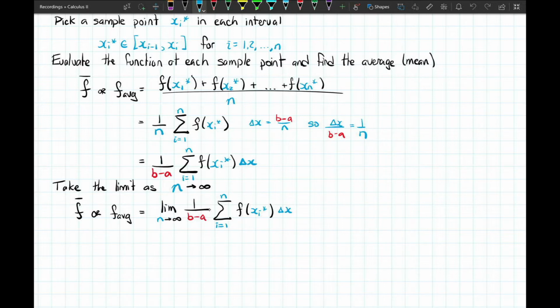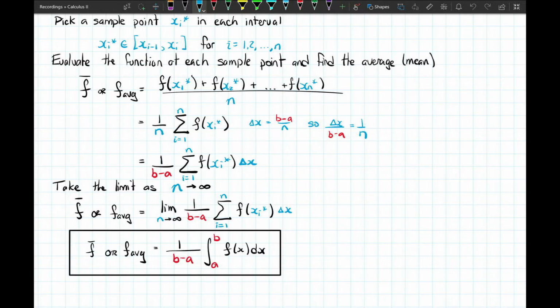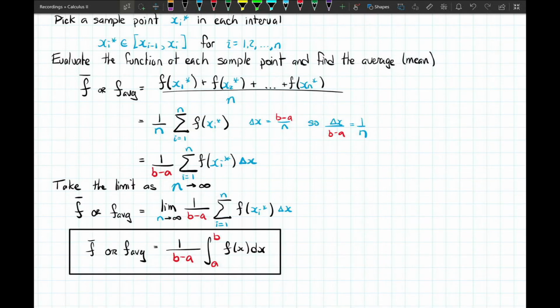But luckily, that is written so that it does not depend on n at all, and as n goes to infinity, this is a constant that can be moved out front of the limit by limit laws. That leaves us with a definite integral. And so finally, the proper formula to get the average value of a function over the interval is simply the definite integral of the function over the interval, divided by the width of the interval.